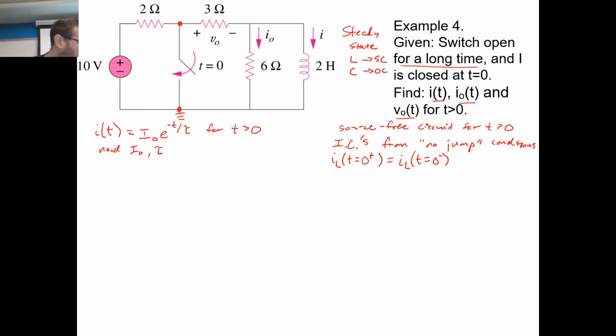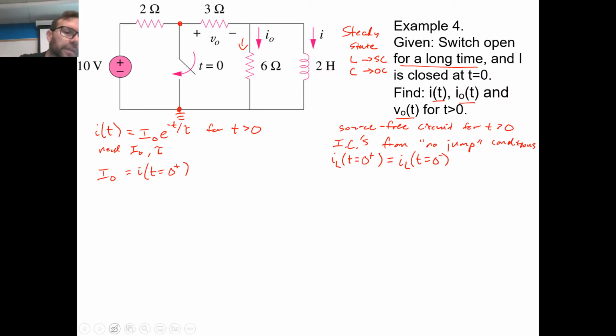Let's look at I naught. What we know is that I naught is equal to i of t equals 0 plus. Now, I naught is the current through the 6 ohm resistor, right?